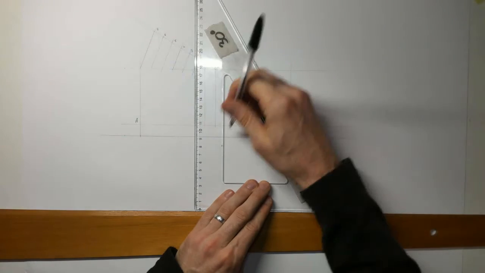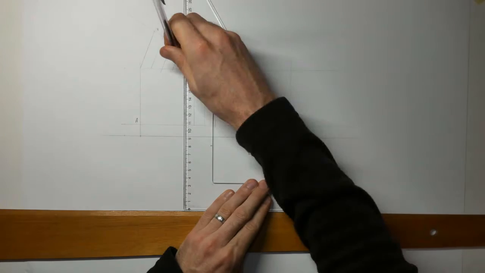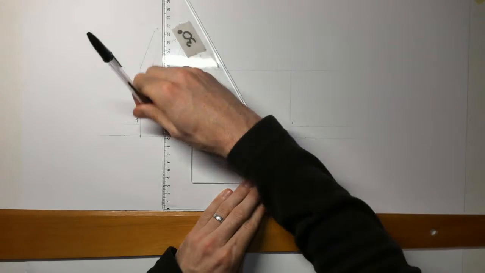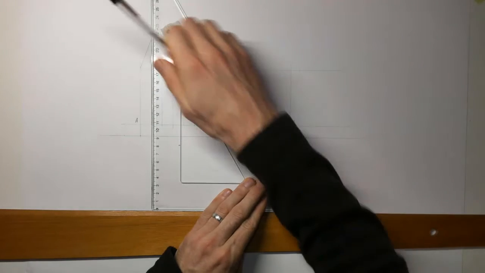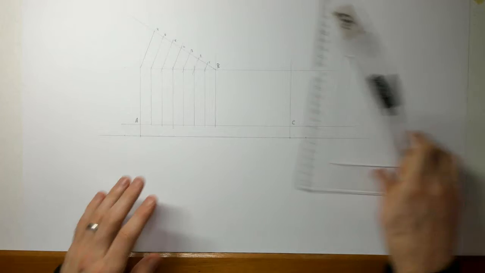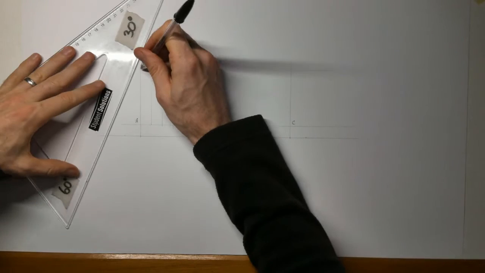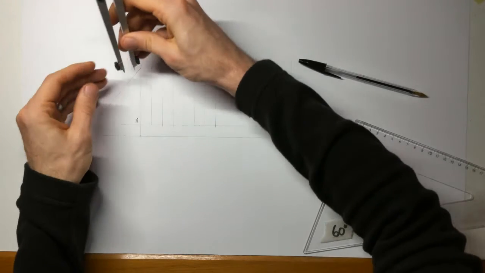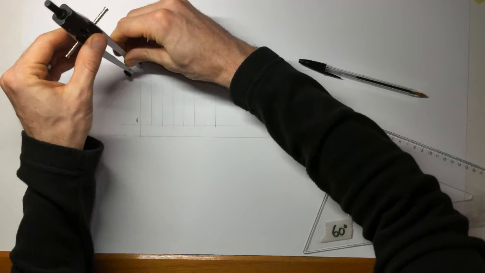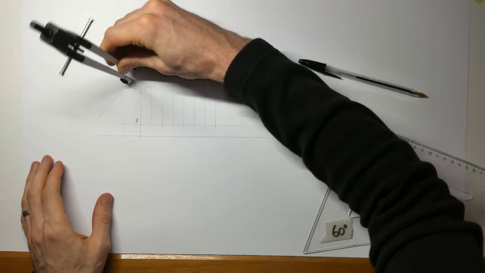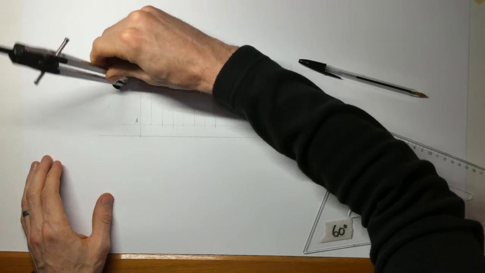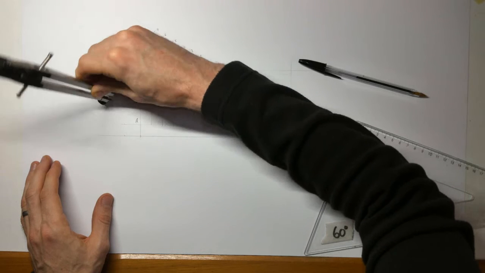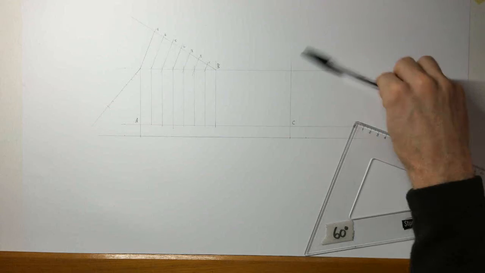So there are vertical divisions. Right, and now I need to divide up this side into 7 also. So line at any angle again. Step off 7 times. 1, 5, 6, 7.